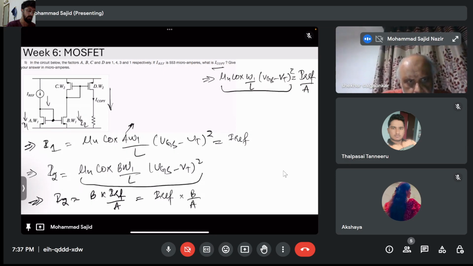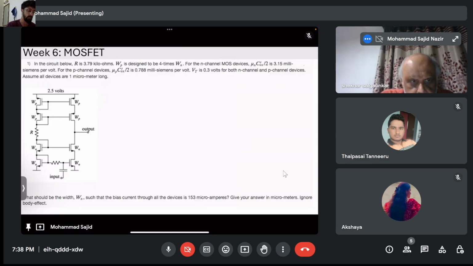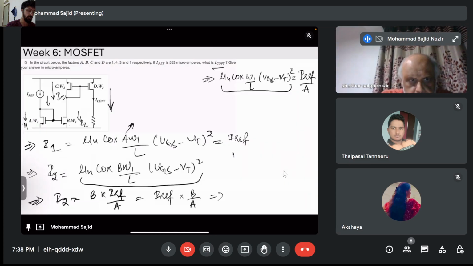So what is the next step? If I2 is I reference multiplied by B by A, that means this should flow through here as well for C W2. So I can write for C W2 as well, I2 is mu n Cox, sorry, mu P Cox C W2 by L (VSG minus VT) whole square.